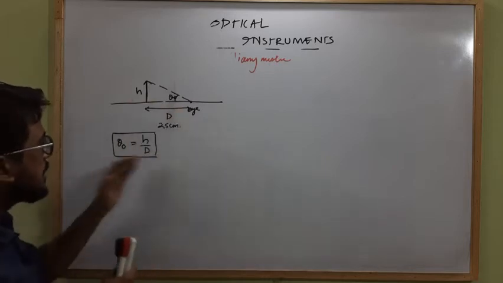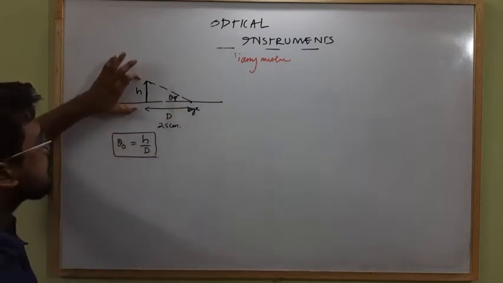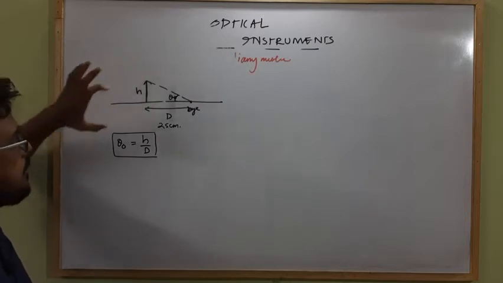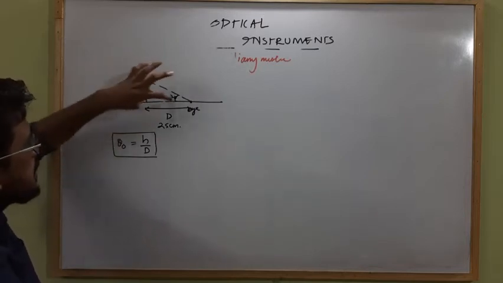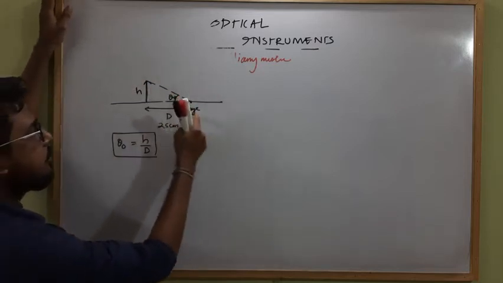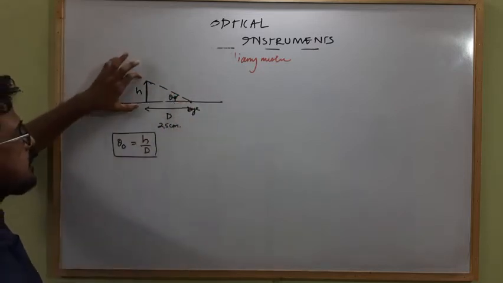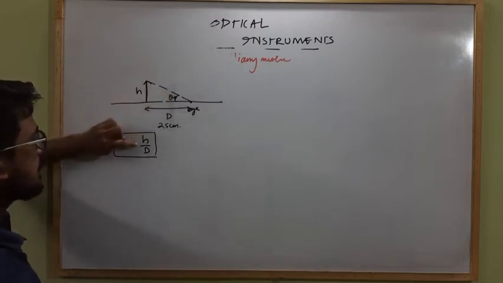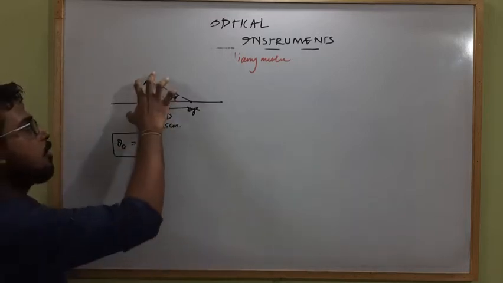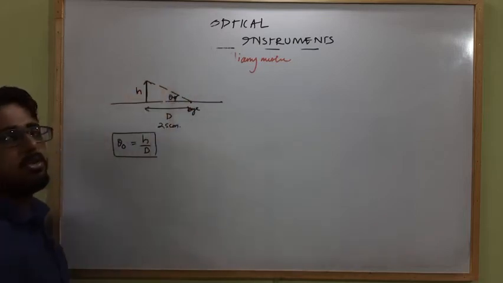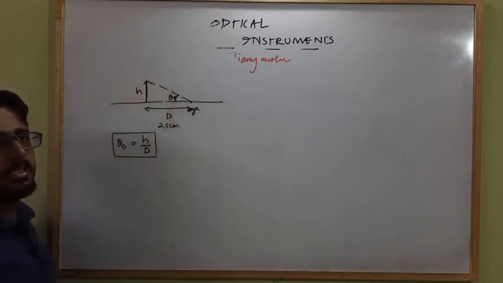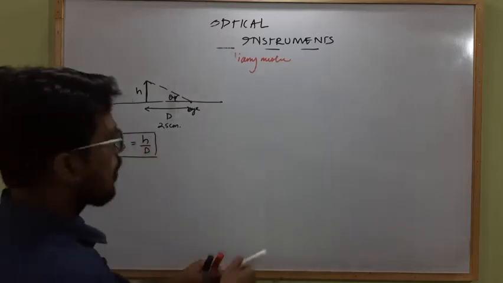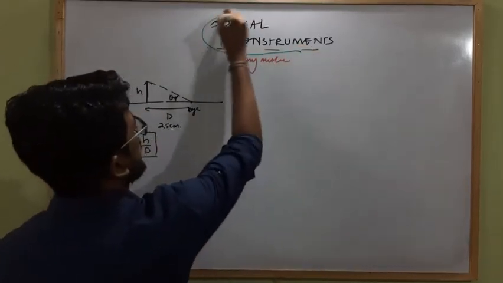Clear? But if the image of this object is still not clear to us, if the object is placed at the least distance of distinct vision of the human eye and has a certain height h and the angle of view is theta naught, given as h by d, but still the object does not give us a clear vision of its image, then we are going to use what? Optical instruments. Clear?